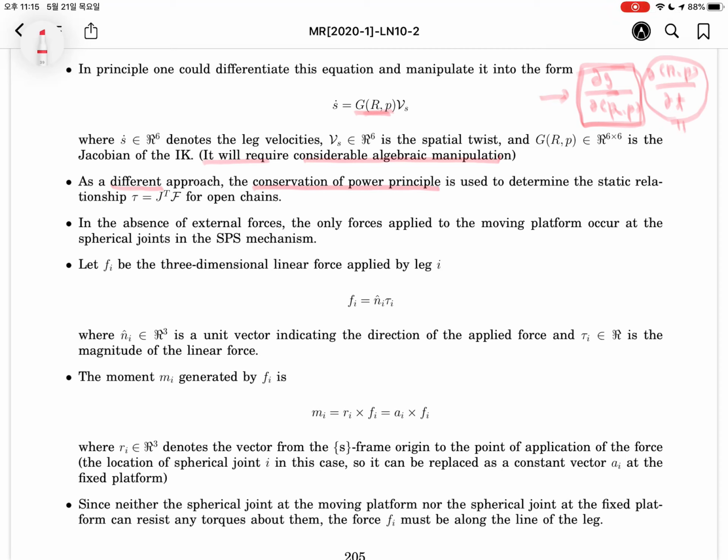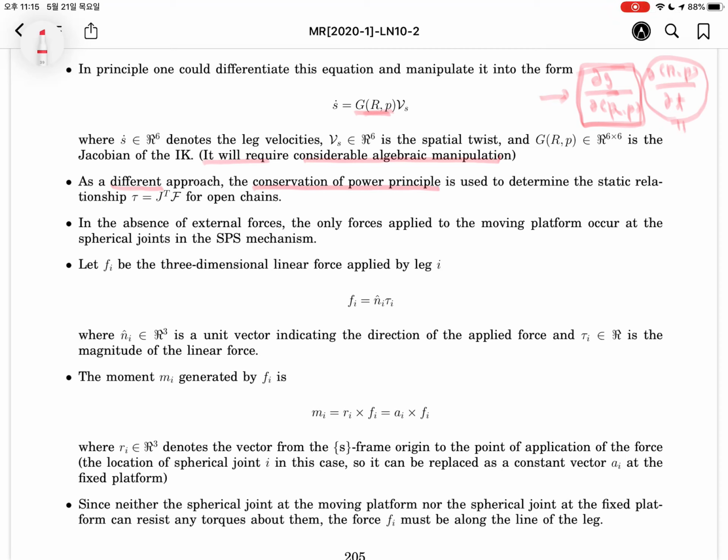Here, let's assume that the parallel mechanism does not have any external moment. It means only the linear force of a prismatic joint is applied.